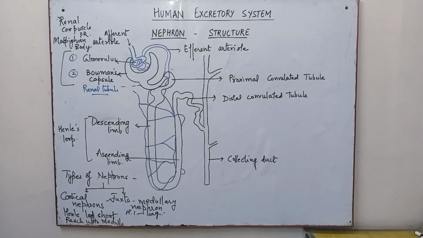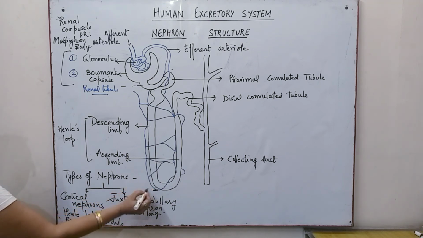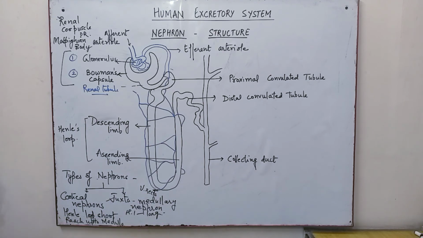They also help in the maintenance of concentration gradient. This is vasa recta, and it helps in maintaining the concentration gradient. We'll be studying the functioning in detail.